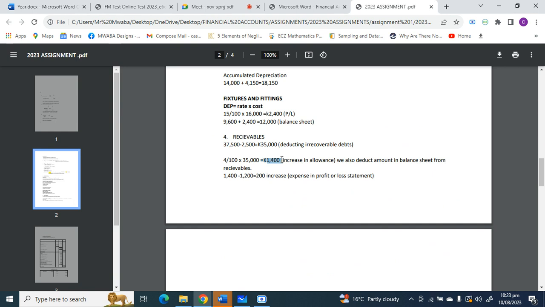So an increase in the allowance for doubtful debts is treated as an expense in the statement of profit or loss. All right. Because now we're expecting we might not get more money from our receivables. So you say 1,400 minus 1,200, there's a 200 kwacha increase. So this 200 kwacha increase is the expense that you're going to find in the statement of profit or loss.